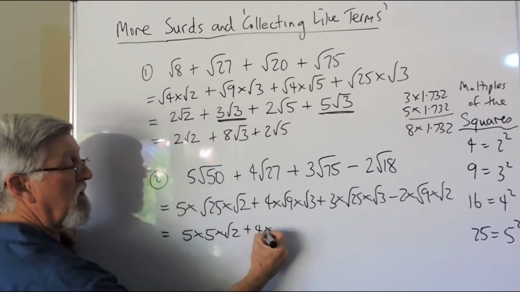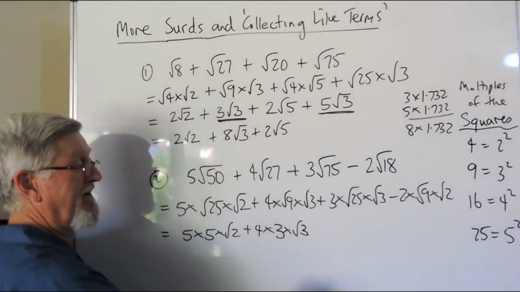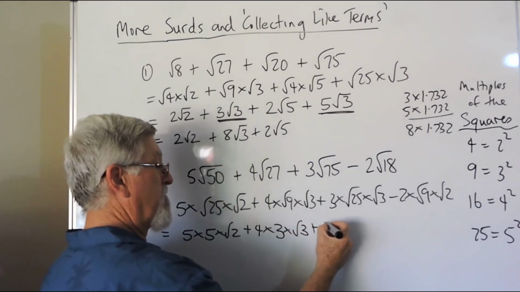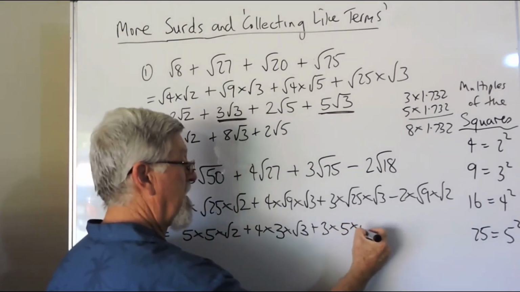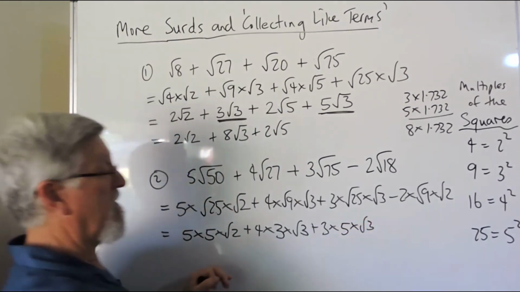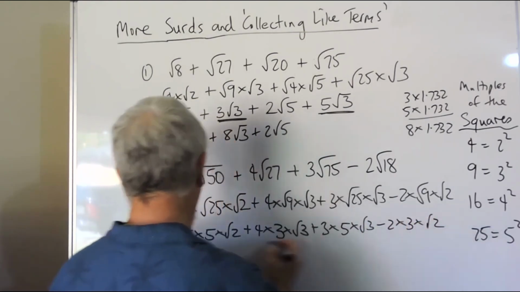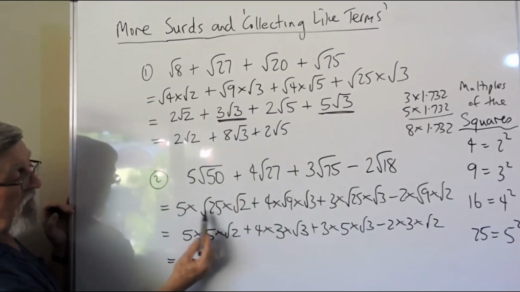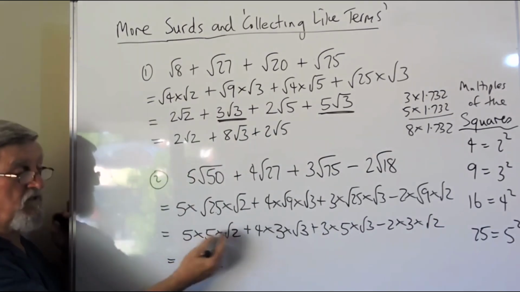This is a 4 times a 3 times a square root of 3. This is a 3. It's getting pretty crazy, but you'll see it in class. That's a 5 and that's a square root of 3. This is a 2 and this is a 3. Now a lot of you could have looked at that and just said, that's 5 5s are 25 root 2. But if you can't see it, there it is written in full.